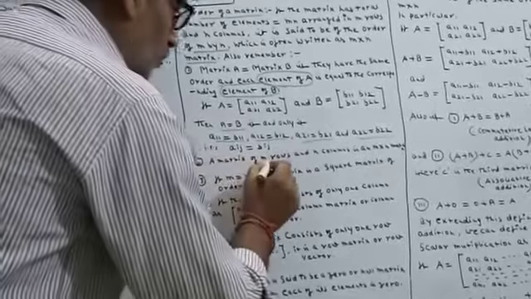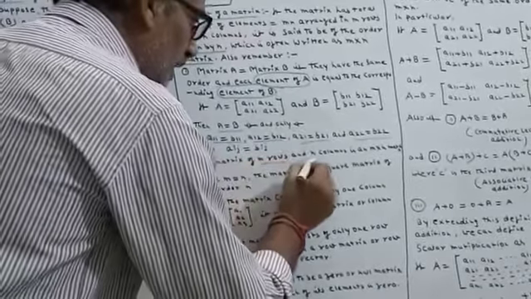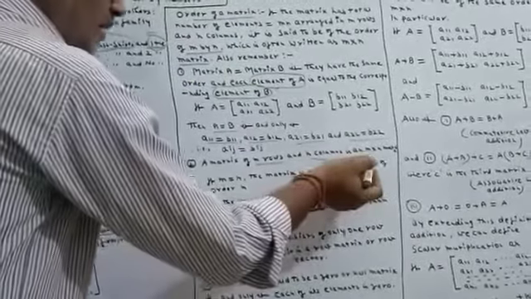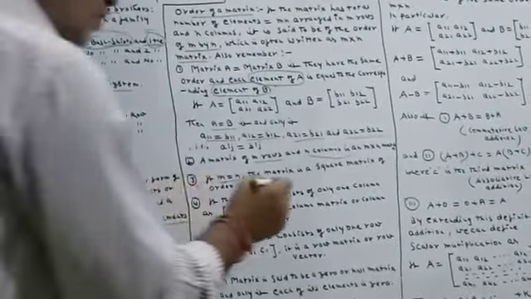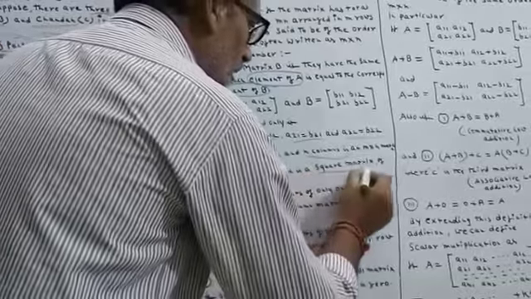Now second, a matrix of m rows and n columns is an M by N matrix. If m equal to n, the matrix is a square matrix of order n.